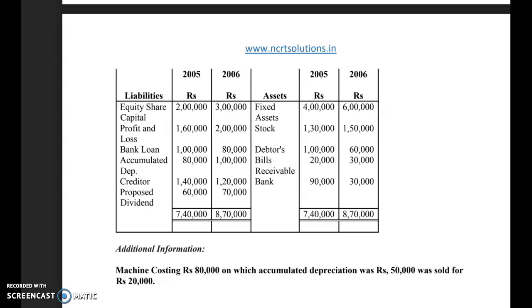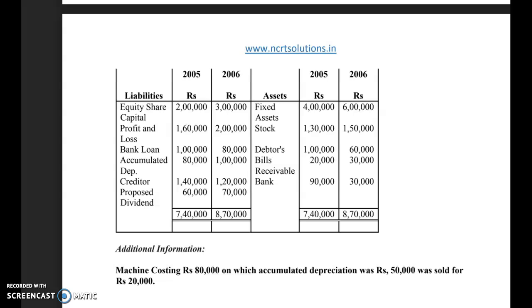I told you that the provision for income tax of the last year is deducted while calculating cash from operating activities, but the payment of the proposed dividend shown in the previous year's balance sheet will be deducted from cash flow from financing activity.